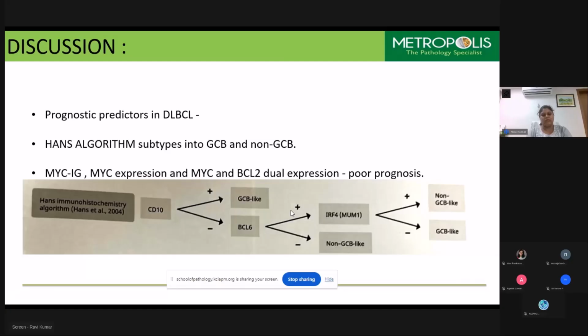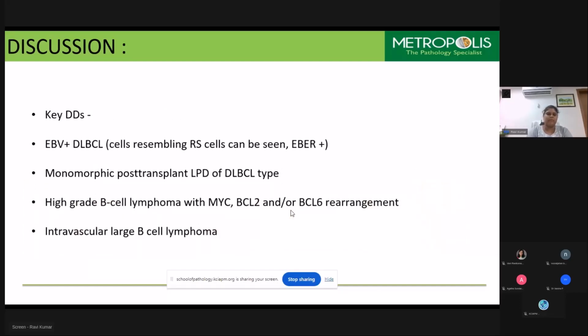And if you find a GCB subtype, then they have an added advantage of adding rituximab to the CHOP regimen. So it's called R-CHOP regimen, and it has a favorable prognosis. Also, MYC expression and a dual expression of MYC and BCL2 have a very poor prognosis. So anything with a MYC expression has a poor prognosis.